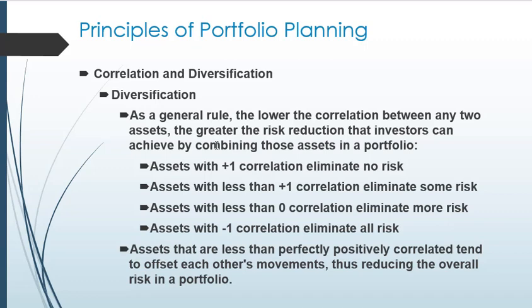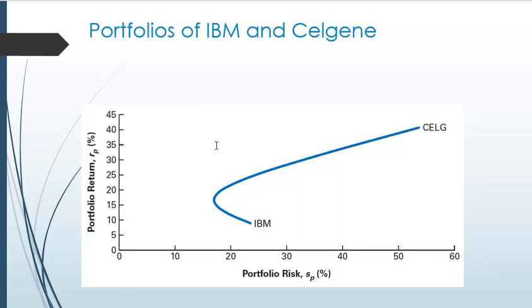At 0, it eliminates even more risk. And at -1, correlation could actually eliminate all risk. So assets that are less than perfectly positively correlated tend to offset each other a little bit. It's an averaging process, and in the end that helps us reduce the overall risk in a portfolio.